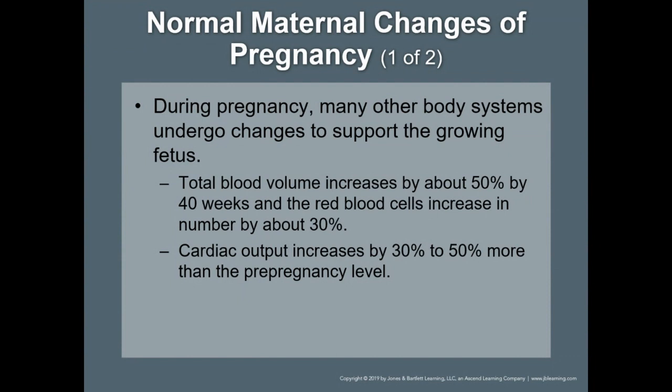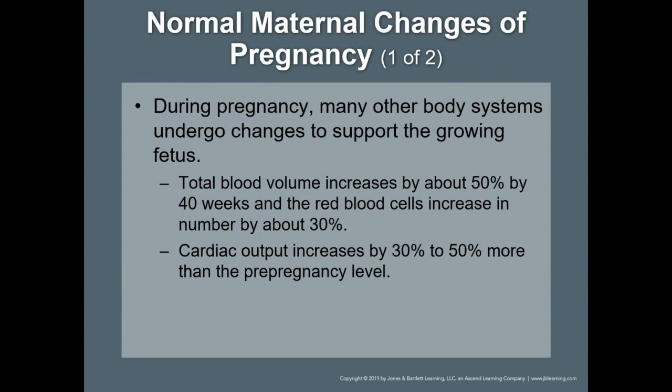You have more circulating volume because of the alien. When you hit about 40 weeks, your blood cells increase about 30%. So just know when you're pregnant, your blood volume is going to double, basically.